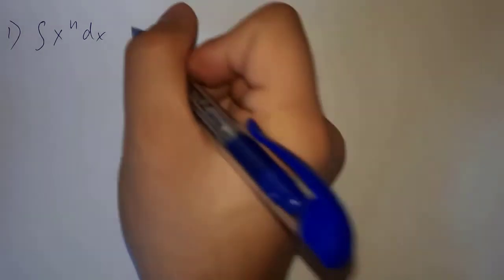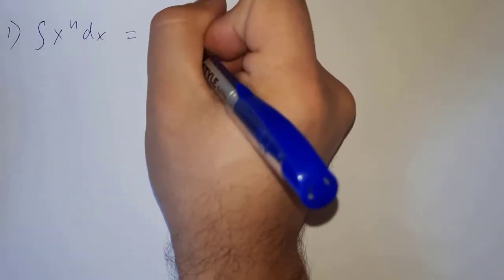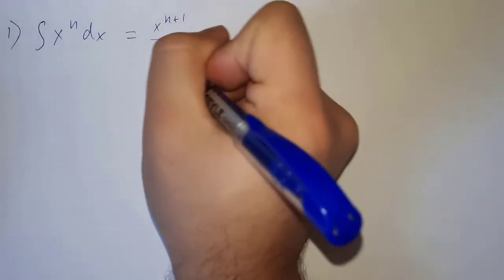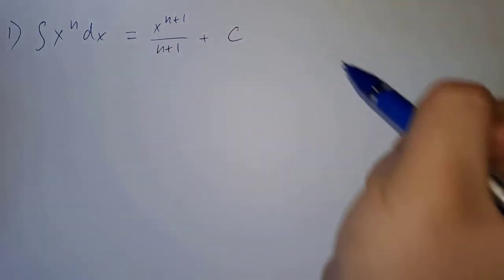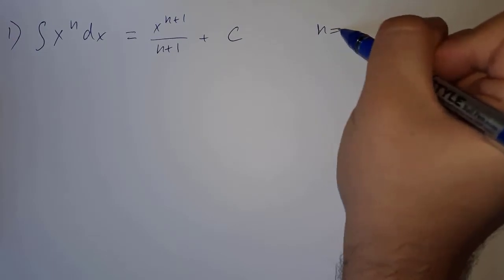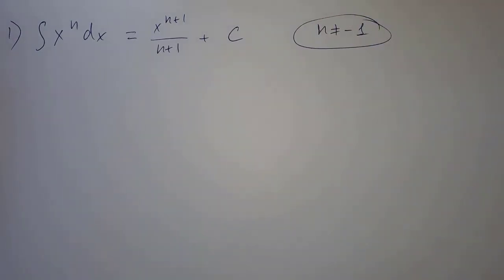What we will get here is x to the power n plus 1 over n plus 1, and plus c. Here n is not equal to minus 1. This is the main condition.